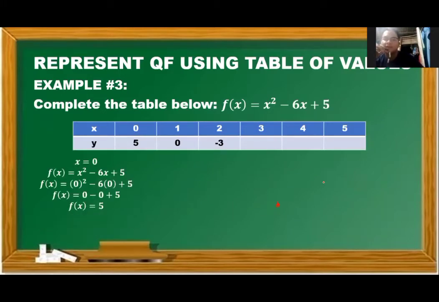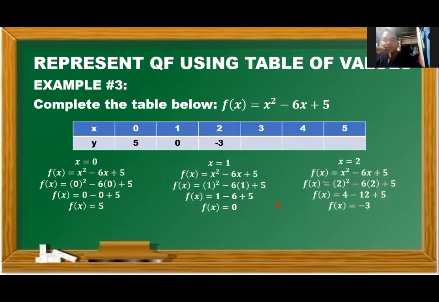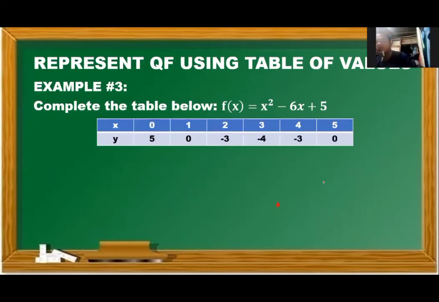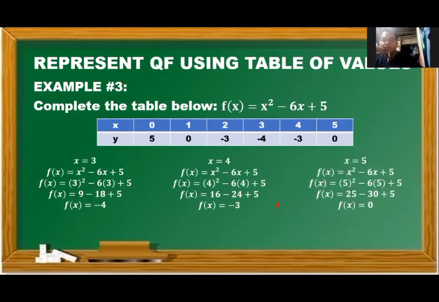When x equals 0, we substitute 0 into the given function, so y is 5. Substituting 1 into x squared minus 6x plus 5: 1 squared minus 6 times 1 plus 5, so 1 minus 6 plus 5 gives 0. For x equals 2, 2 squared is 4, and 6 times 2 is 12, so 4 minus 12 plus 5 is equal to negative 3. And so on and so forth.